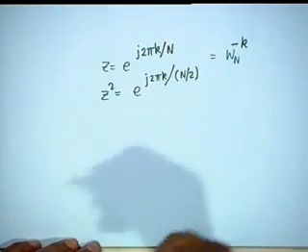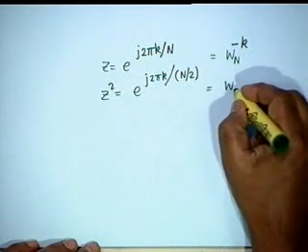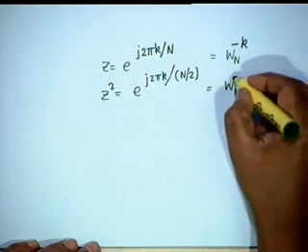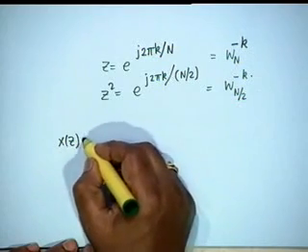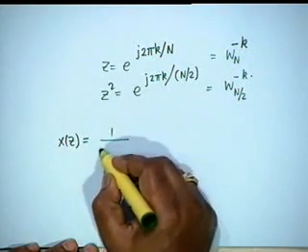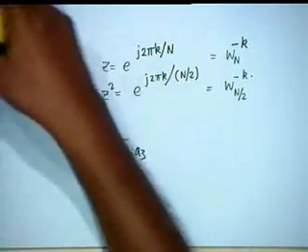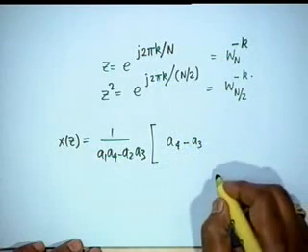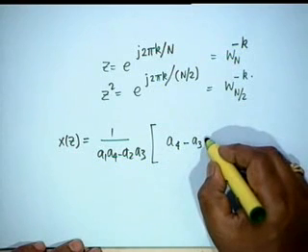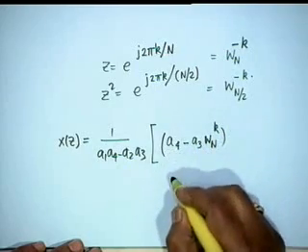Now you have to bring the form, otherwise you cannot identify with the Fourier transform, and this will be W n by 2 to the power minus k, and therefore capital X sub z becomes equal to 1 by A1 A4 minus A2 A3, A4 minus A3, what shall I have here? Z inverse, that is Wn raised to the power k, agreed.